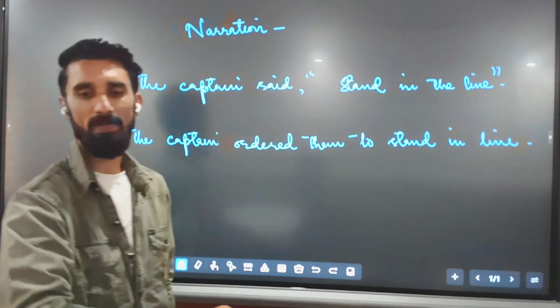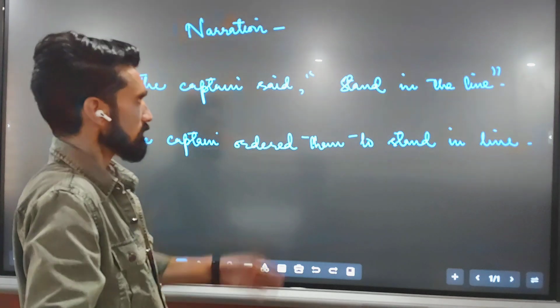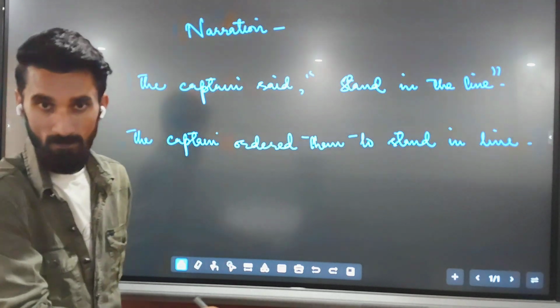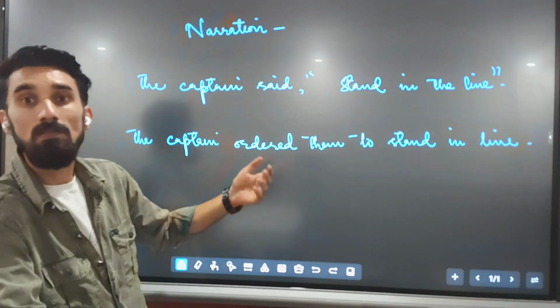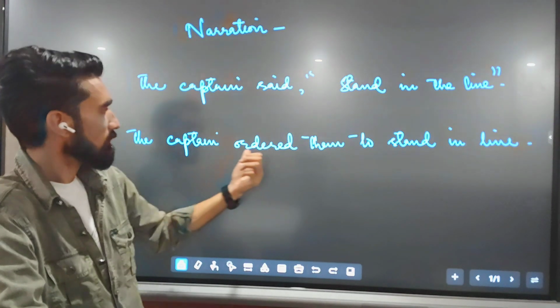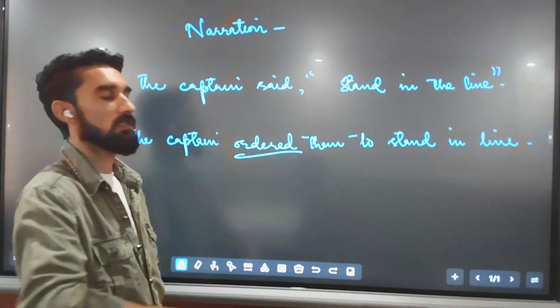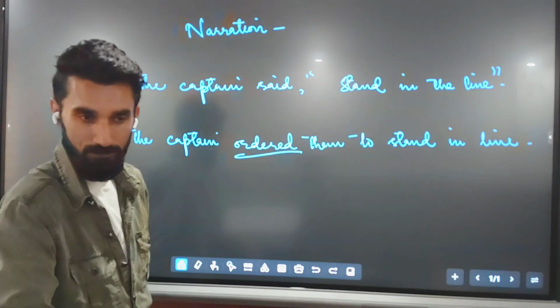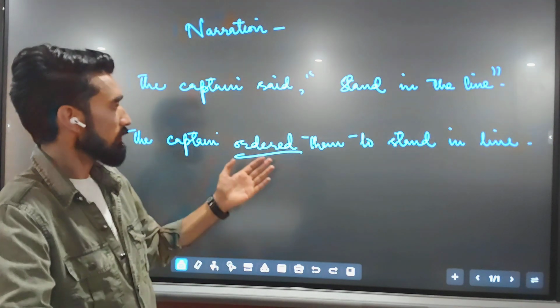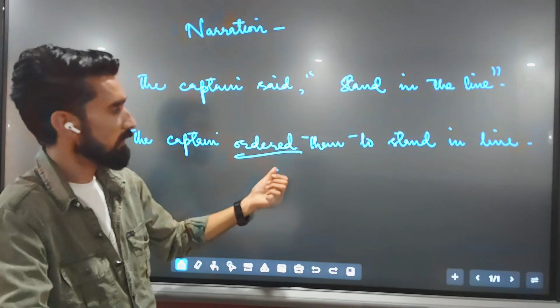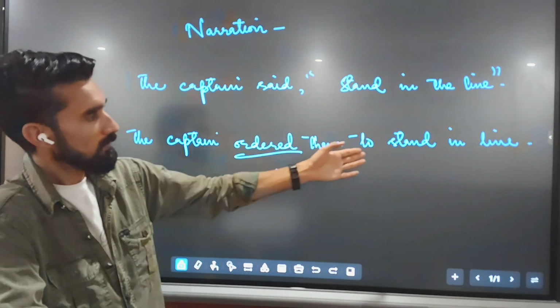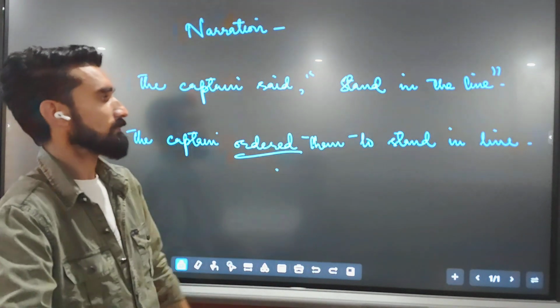So what changes have we made here? The first one, change of structure. We just remove the inverted commas and put it down here with some additions. The change of the reporting verb also appears here. It is an order, so said will be replaced with the word ordered. Then to stand in line.